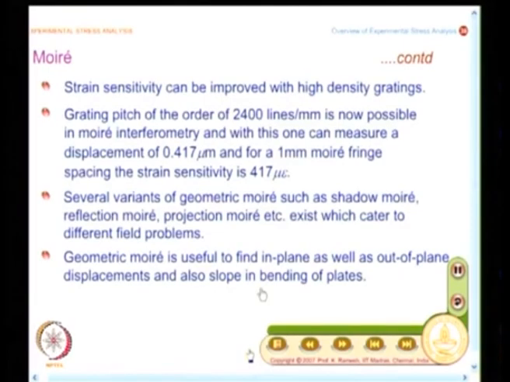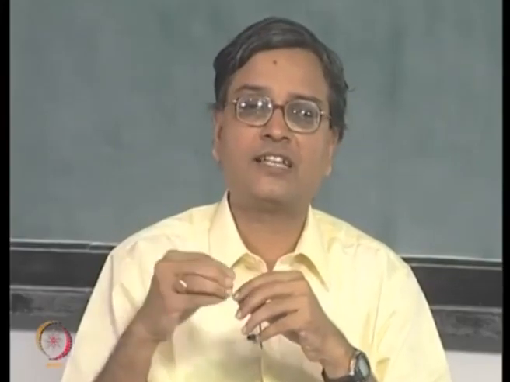I mean, if you look at IC chips, a lot of thermal stresses are developed. If you go and look at any one of this electronic packaging, people have now developed semiconductor technology to the extent you can pack as many transistors in a very small place.